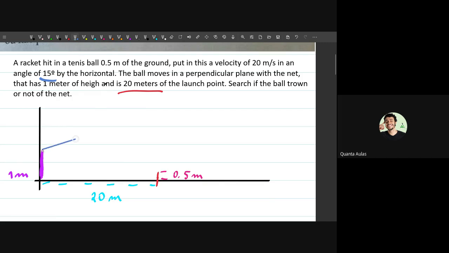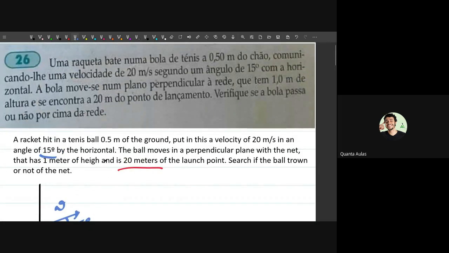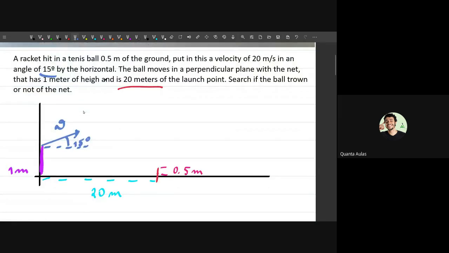So it's something like this, okay? Here we have 15 degrees. I suppose it's the drawing of the situation.